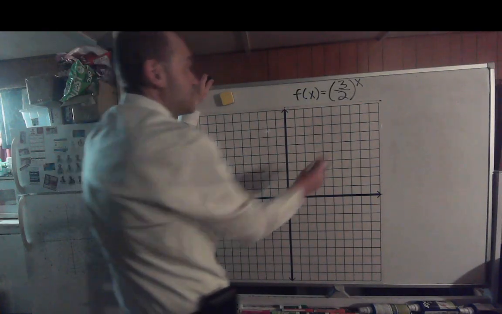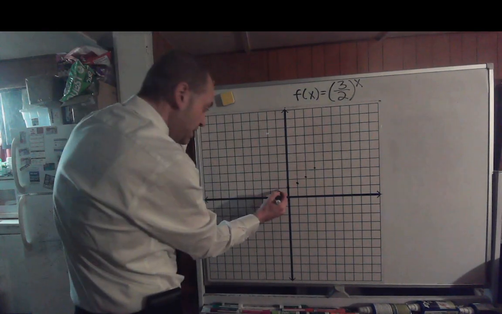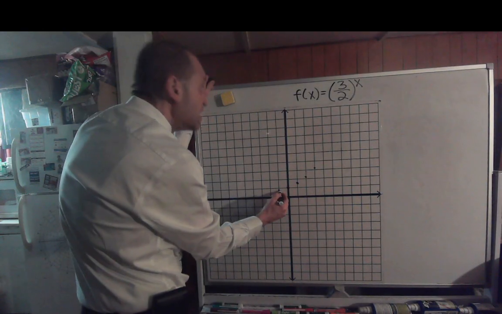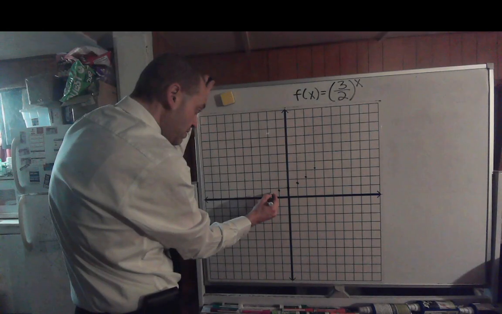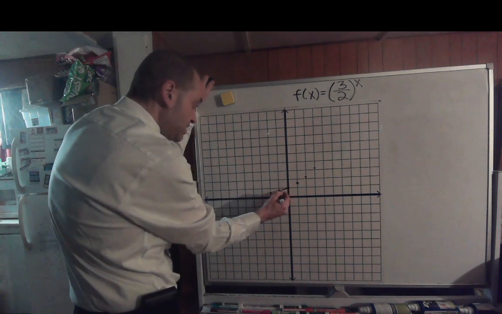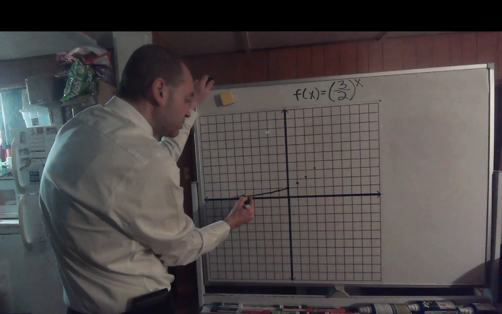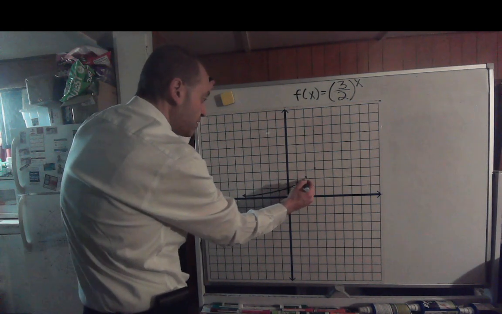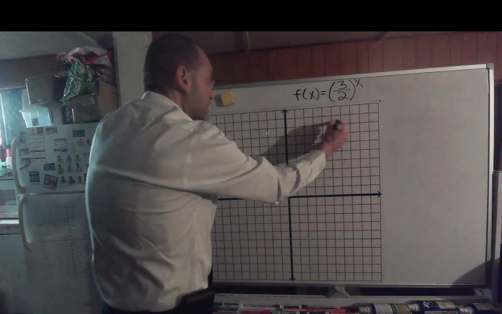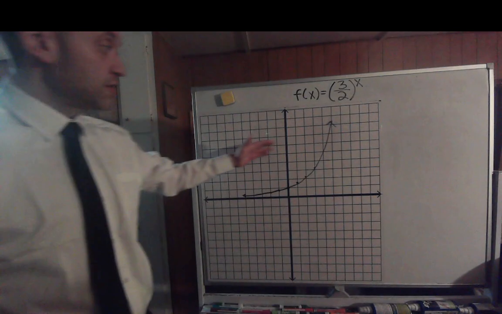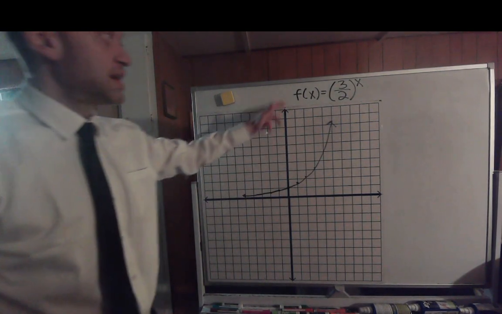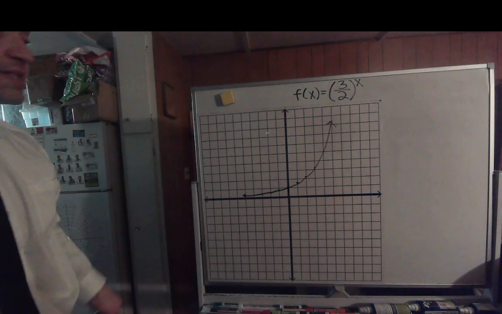And then if I raise this to the negative first, I would end up getting 2/3. I raise it to the negative second, I would get 4/9. And as you see, I'm getting infinitely closer and closer to y equals 0 without actually reaching it. So there is going to be my graph of f of x equals 3/2 to the x.